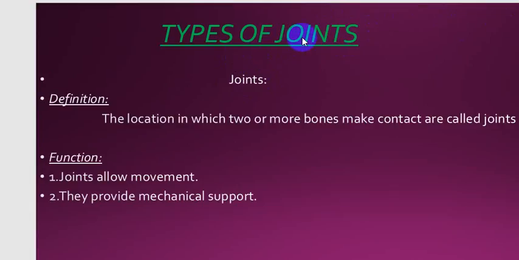It is the location in which two or more bones make contact with each other, and these are called the joints. The function of these joints is that they allow movement, and they also give mechanical support and strength to the structure.